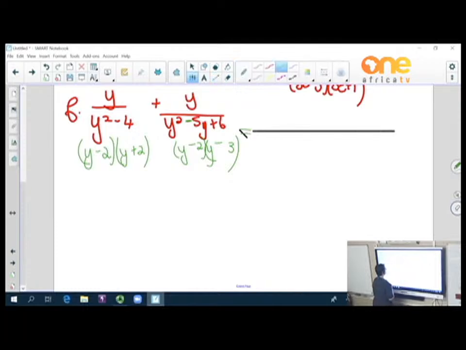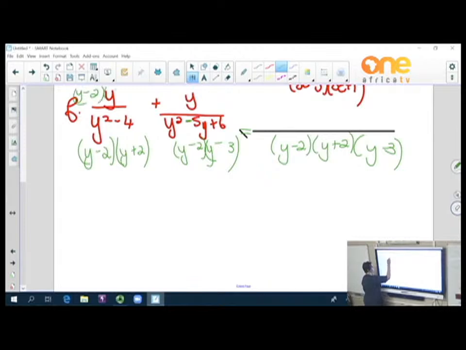Okay, so what is the LCM? I need a y minus 2. I need a y plus 2. I need a y minus 3. So that is my LCM. So I multiply with y minus 2, y plus 2.